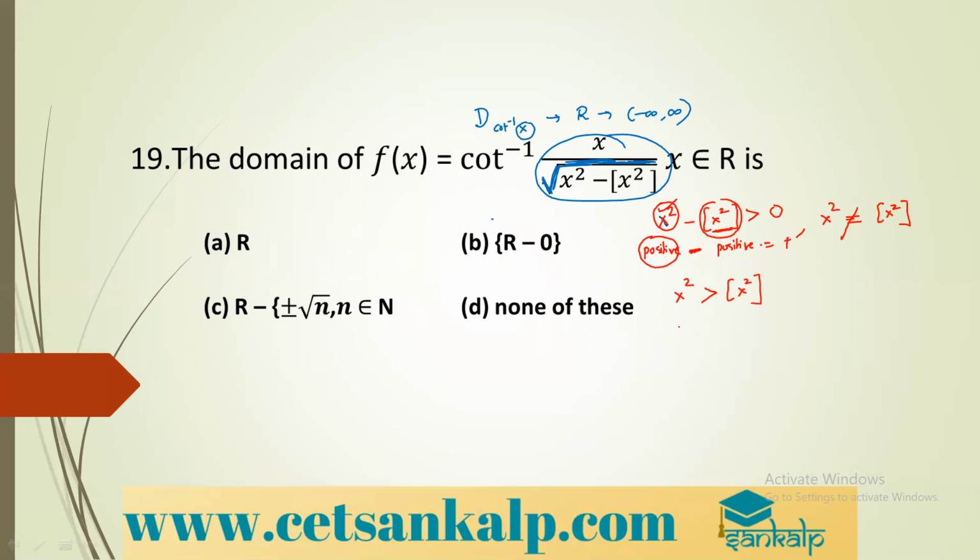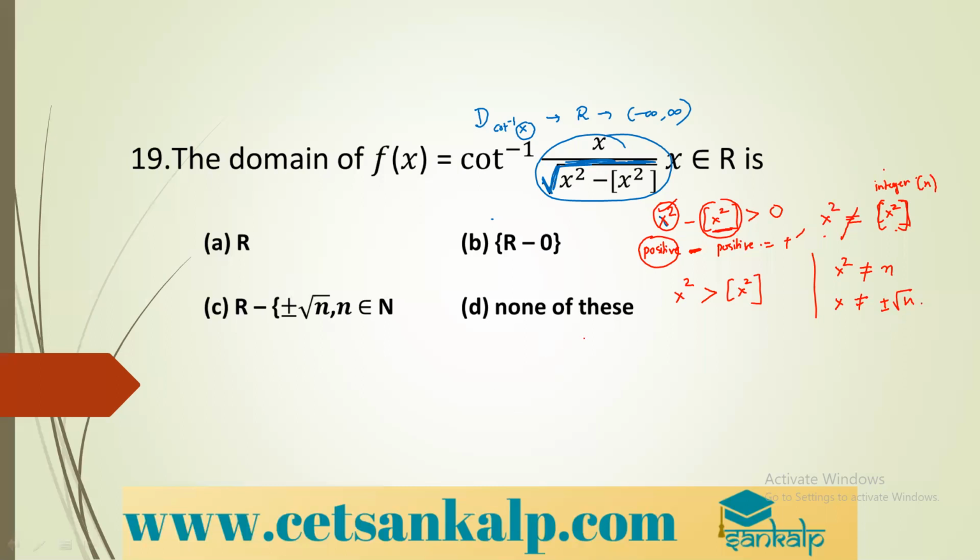Is that clear? And coming to the next condition, x square cannot be greatest integer function of x square. And you know, the answer for this greatest integer will be an integer, some integer, let that integer be n. So that means x square cannot be n, or x cannot be plus or minus square root of n.